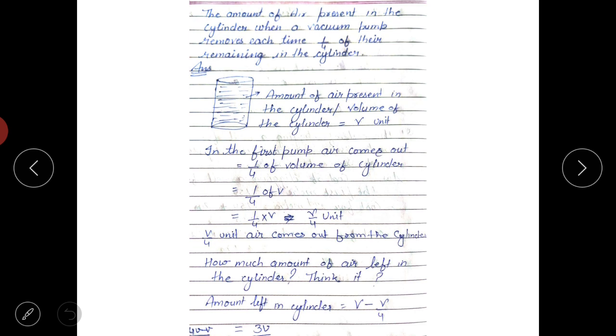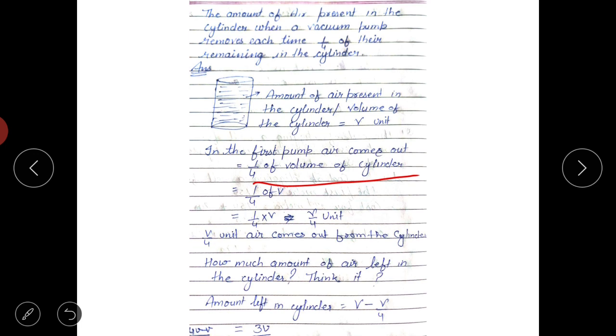So consider the volume of air present in the cylinder to be V unit. In the first pump out, air comes out.